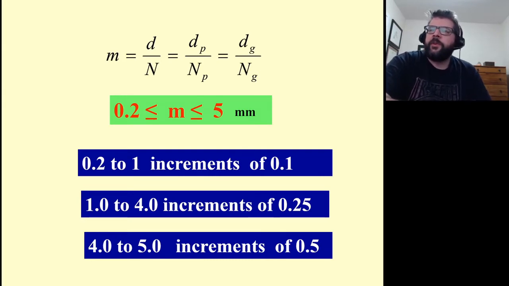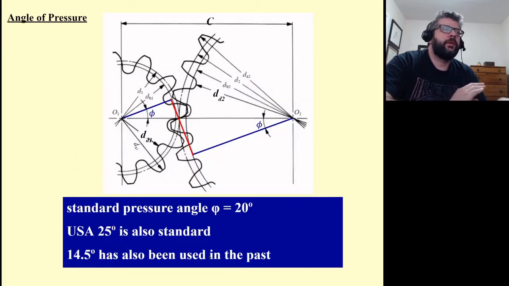Obviously, the pressure angles also need to match for these gears to work together properly. The typical standard pressure angle is 20 degrees. 25 comes up sometimes, but not as commonly as 20. 14.5 is less used nowadays.